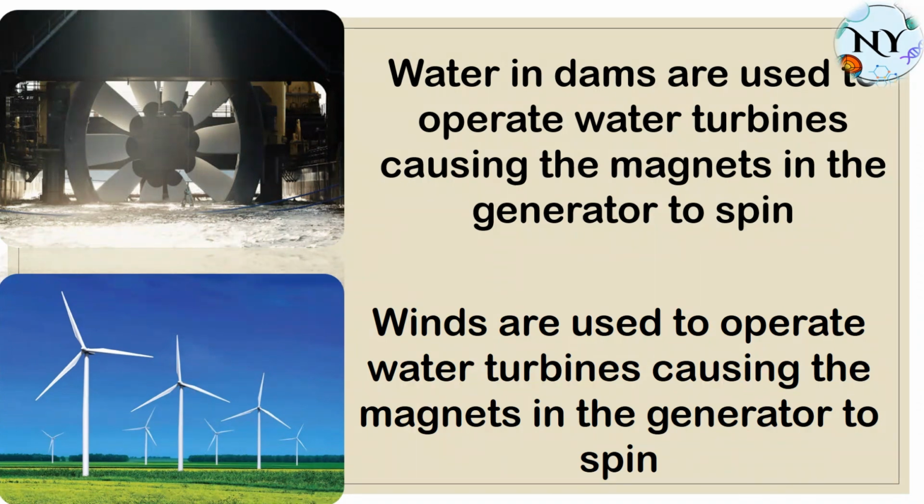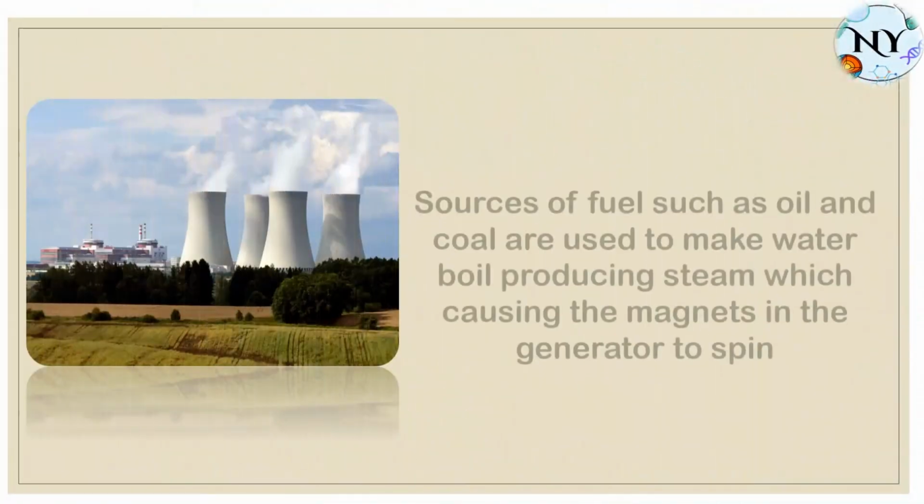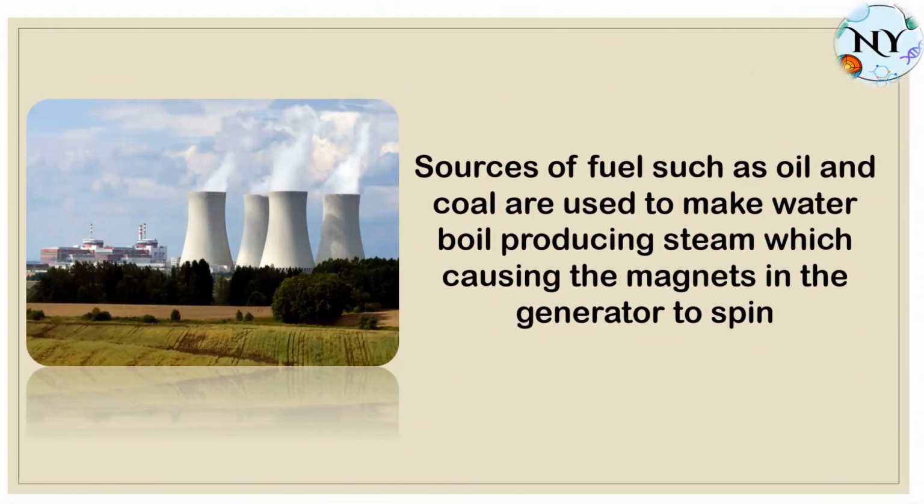Also, we use strong winds to operate wind turbines, causing the magnets in the generator to move to change kinetic energy into electrical energy. And the last way is by burning different sources of fuel such as oil and coal.